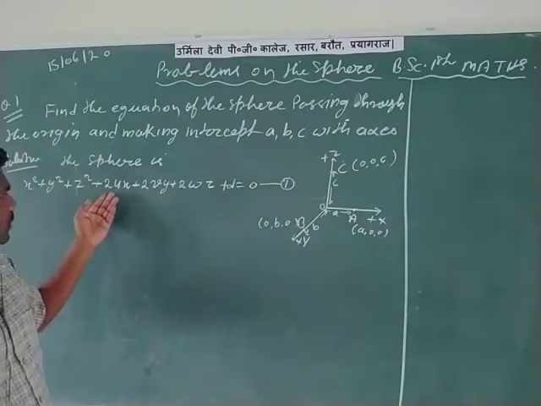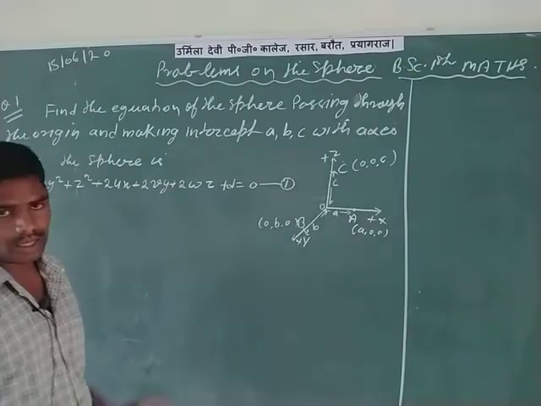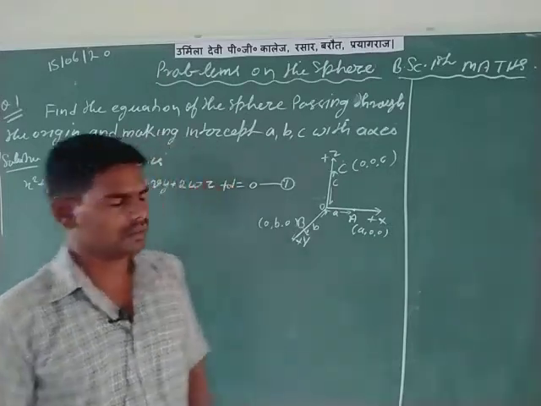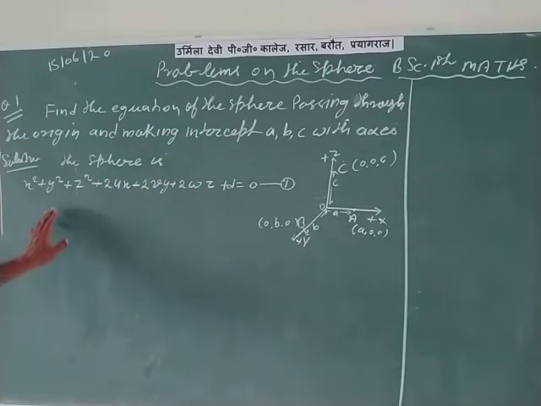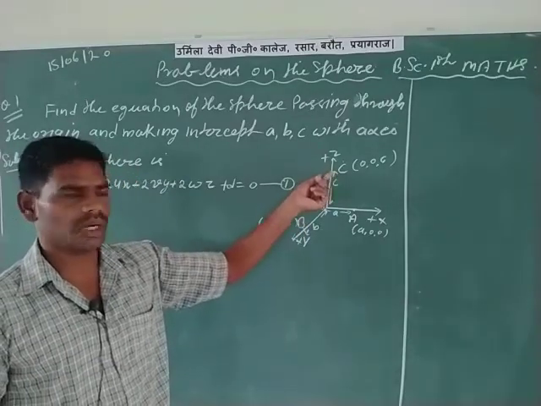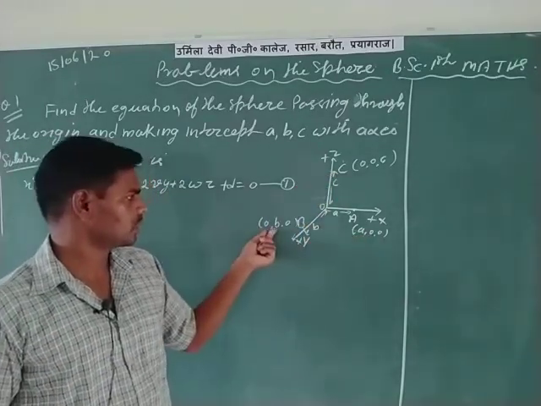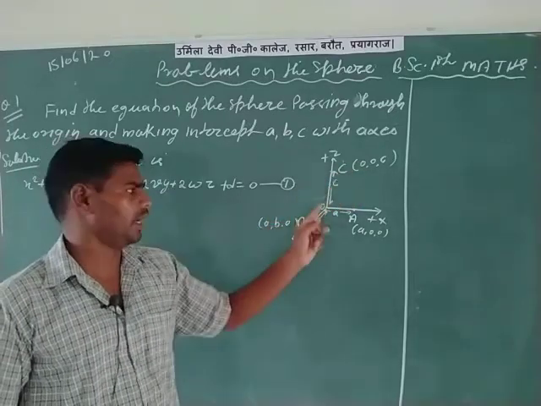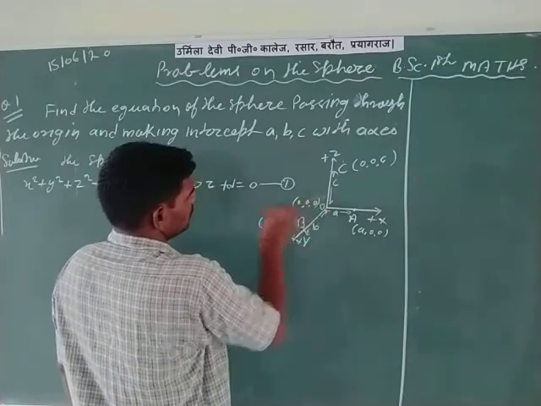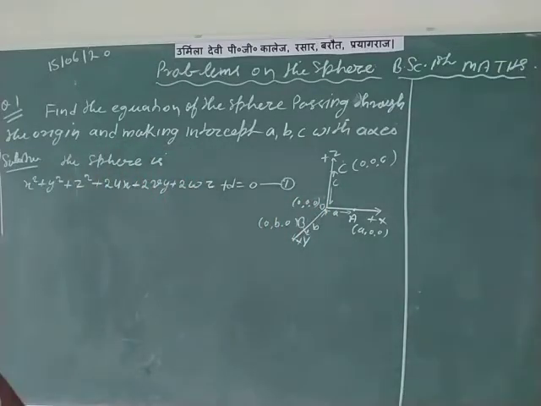Here u, v, w and d are constants in equation first, which is the equation of the required sphere. According to the question, this sphere passes through the points A, B, C, whose coordinates are (a, 0, 0), (0, b, 0) and (0, 0, c), and the coordinates of the origin, you know, are (0, 0, 0).